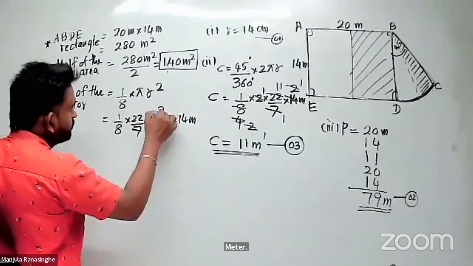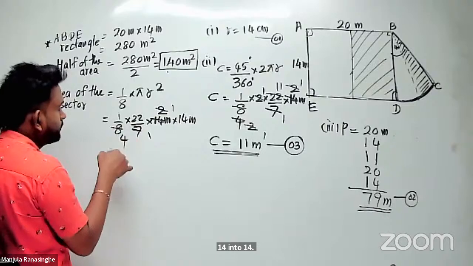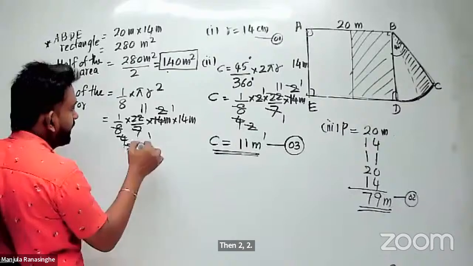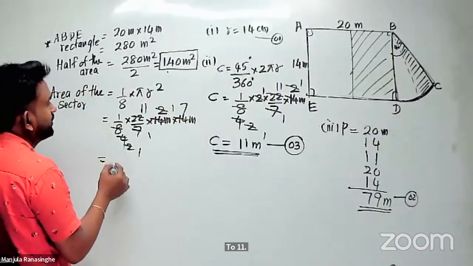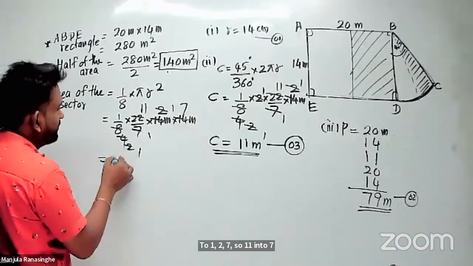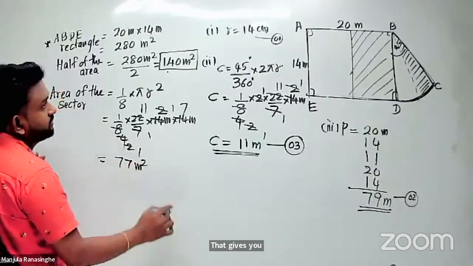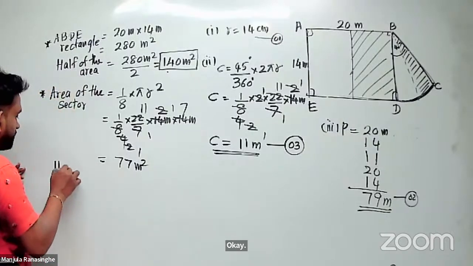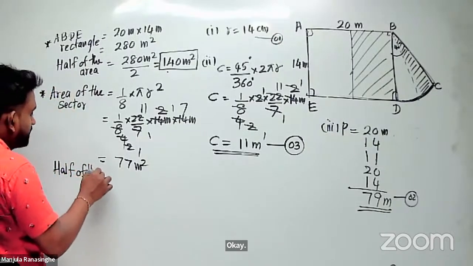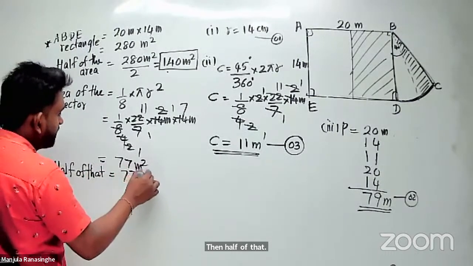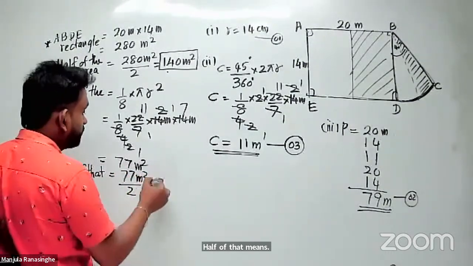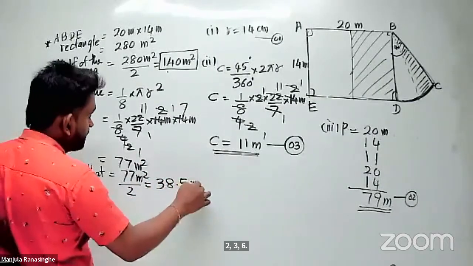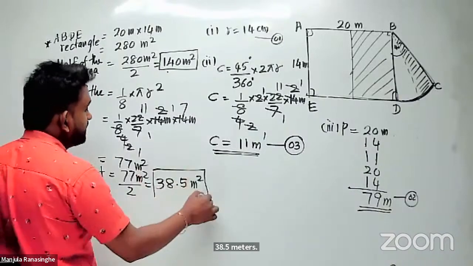Simplifying, 11 into 7 gives you 77 square meters. Then half of that means just 77 square meters divided by 2, that is 38.5 square meters.